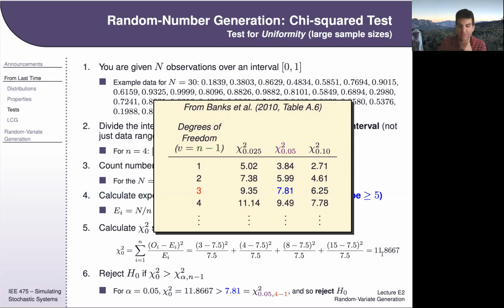In this case, 11.8 is much greater than 7.81, so we have sufficient evidence to reject the null hypothesis of uniformity. We're saying this random number generator is not generating numbers consistent with a uniform random number generator, so there's something wrong with it.